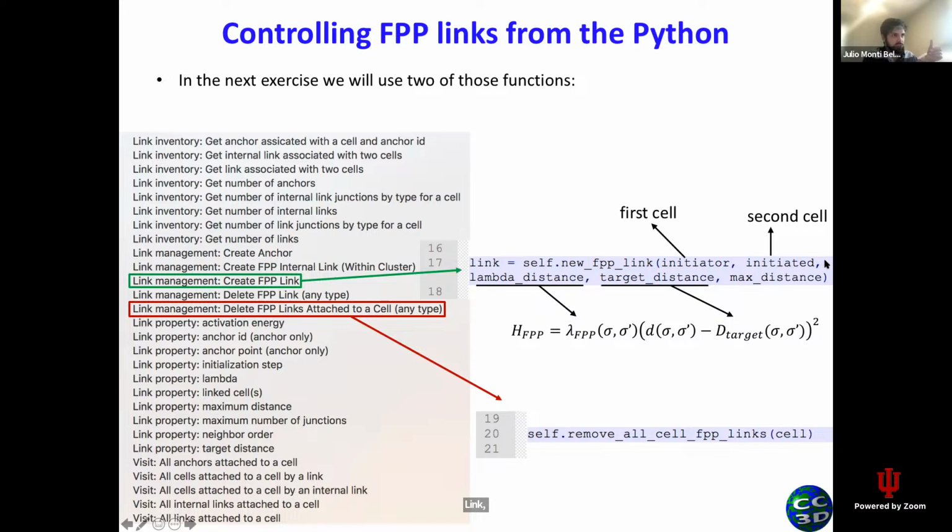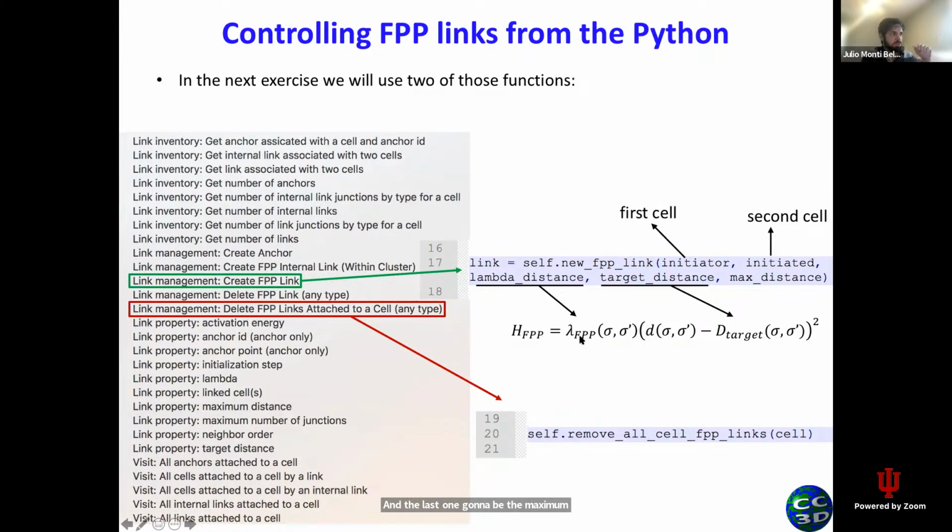It adds this line, of course, so this is just one line: self.new_fpp_link. This is the cell that creates a link. This is the cell that receives the link. Next is the lambda distance. The fourth value is the target distance. And the last value is the maximum distance that the cells can have before the link breaks.